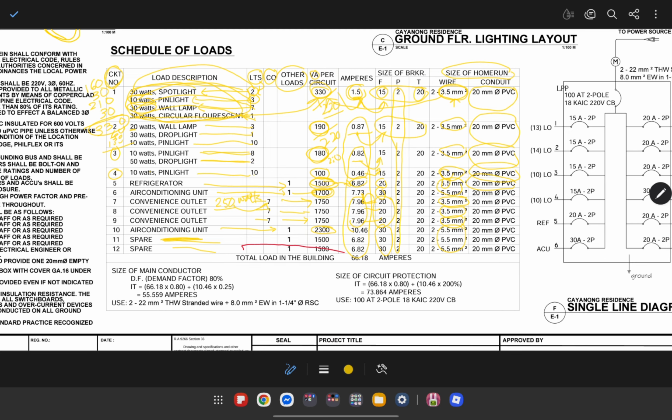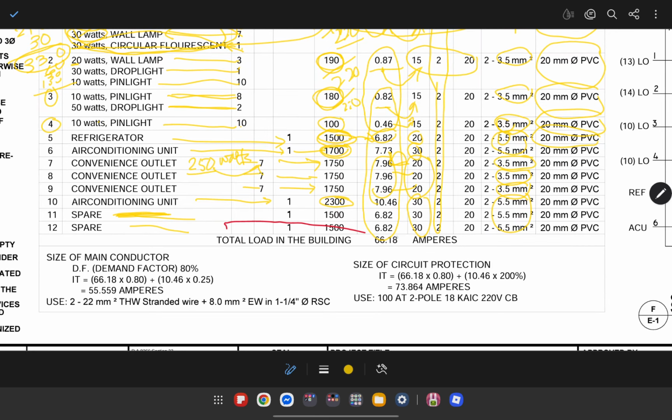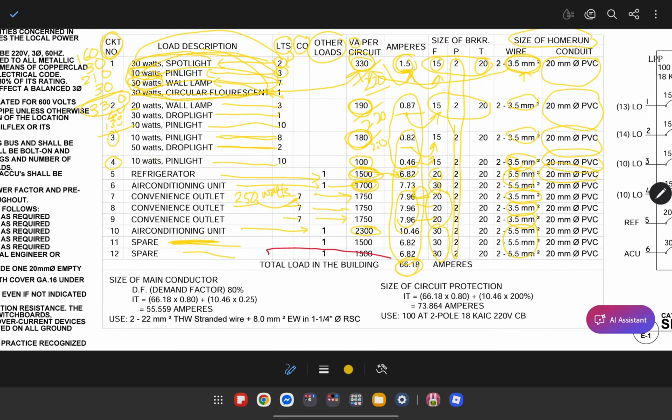Okay, so after that's done, you can now add up the total amperage for the whole load. Now, why is this necessary? Because with the amperage value here, we can compute for the main conductor and the main circuit protection.